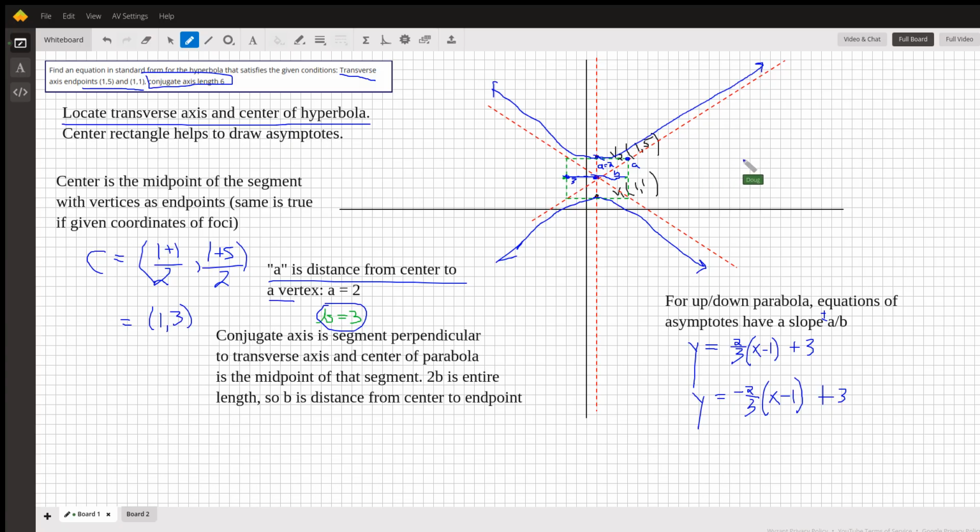Okay, and the foci, the equation you want to use for the foci is that c squared equals a squared plus b squared. And so c, in this case, c squared equals a squared is 4, b squared is 9, so c equals the square root of 13.